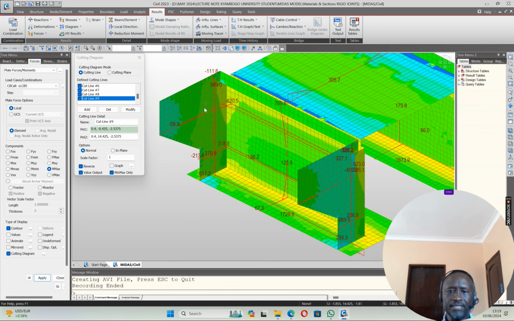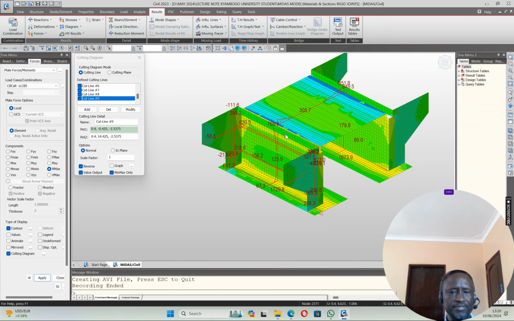The wing walls tend to cantilever outward. In most cases we do cantilevers going upward, with more stress at the bottom, decreasing upward. But in this scenario, it's the other way around. So we have to take note of that so that you don't make a mistake when you are doing an integral bridge. Thank you.